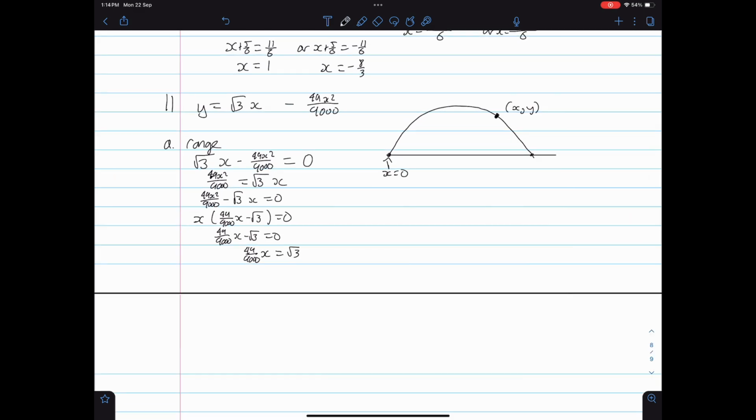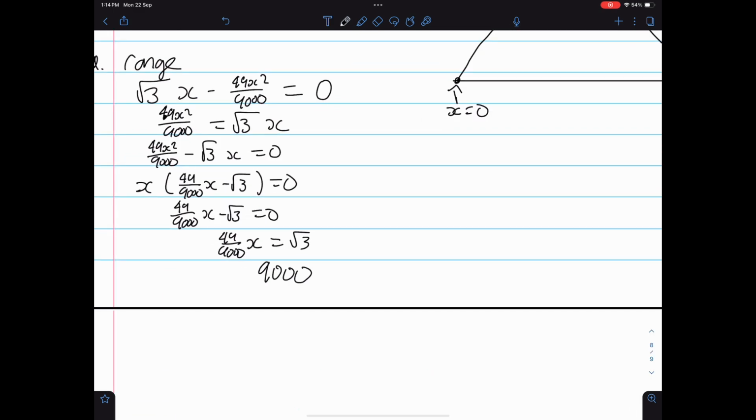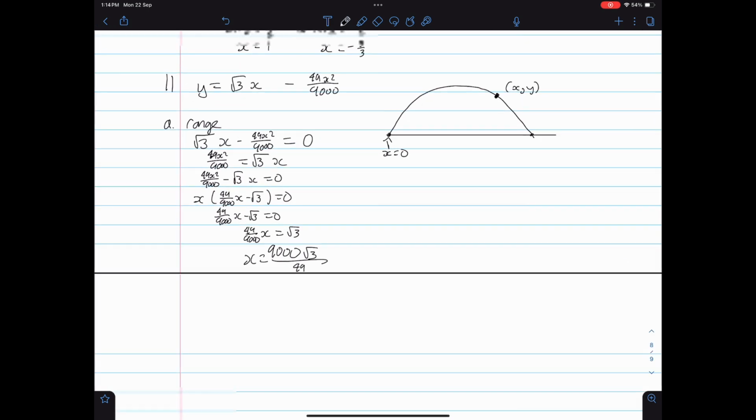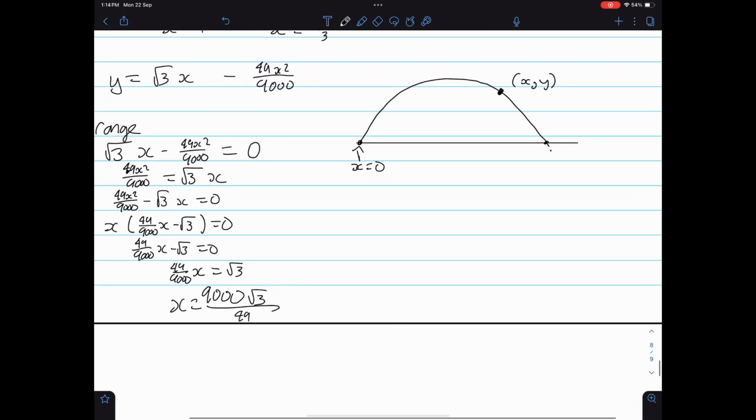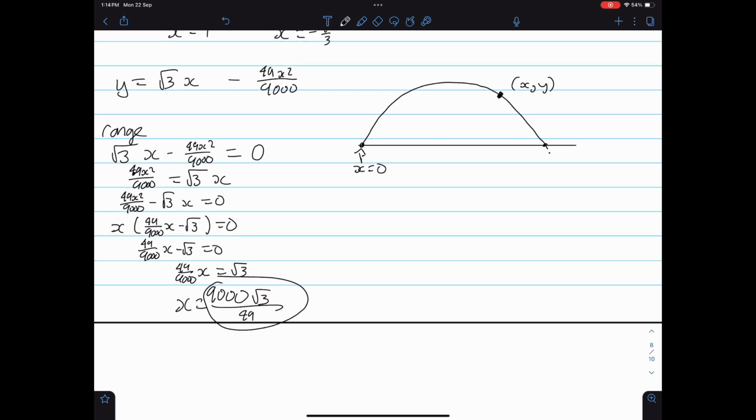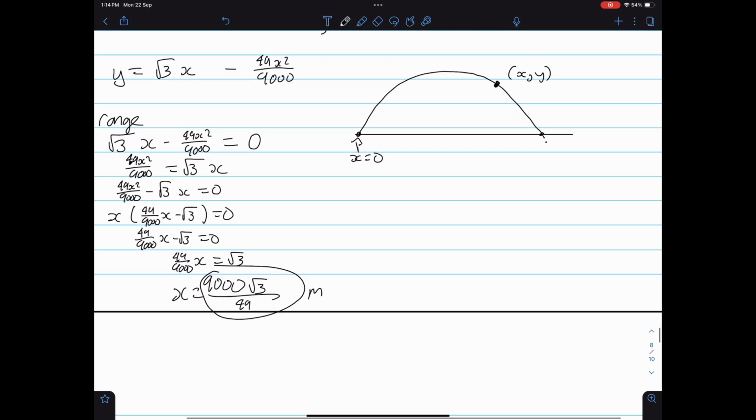So then we'll get 9,000 root 3 over 49 for x. Because the range will be this bit minus that bit, this will be the answer. That's in meters. And if you wanted it in decimals, just to give you a proper idea of this actual range, then that would be 318 meters.